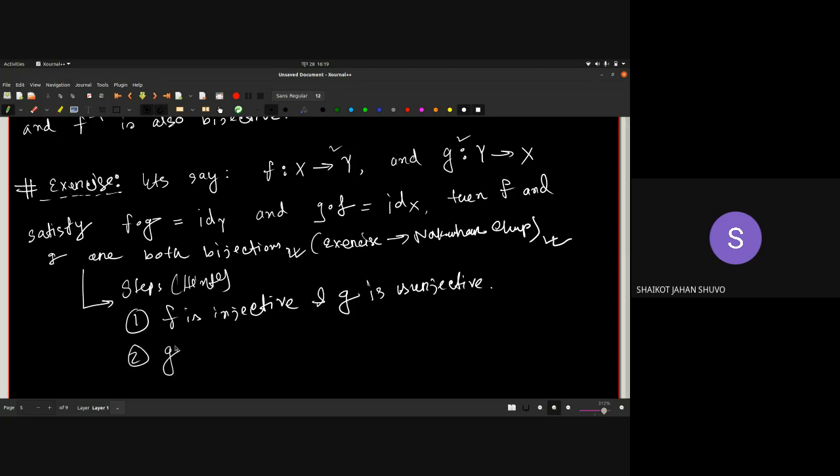Then prove again that g is injective and f is surjective. If you combine these two statements for this problem, then your f and g both are bijections. Okay, try to do it in your free time. It's a pretty fun problem.